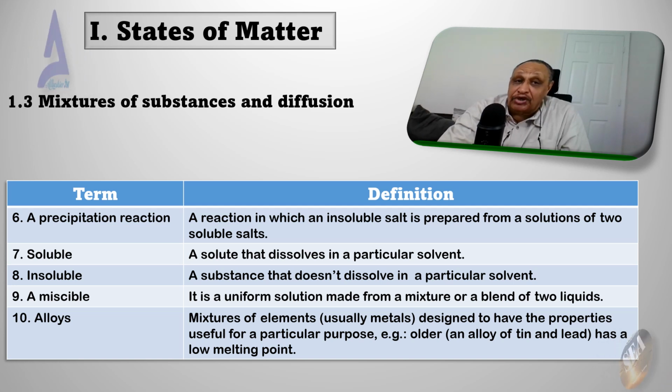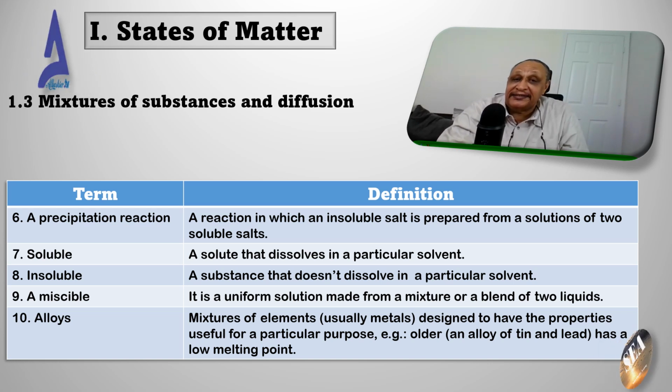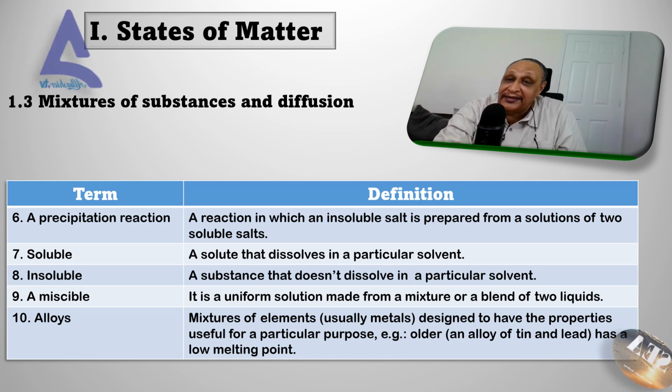What is soluble? Soluble describes a solute that dissolves in a particular solvent. Insoluble substances do not dissolve in a particular solvent.